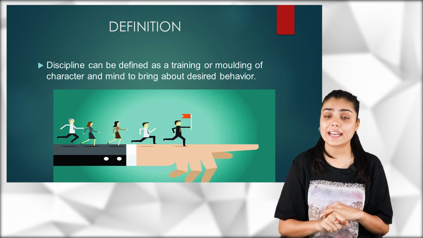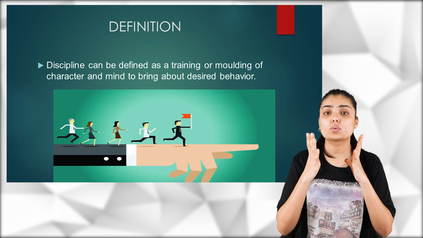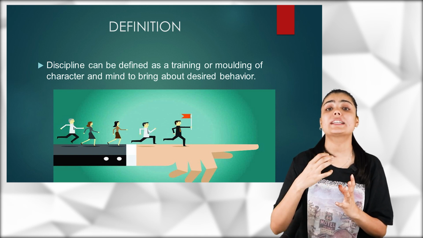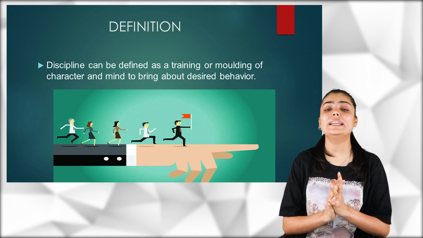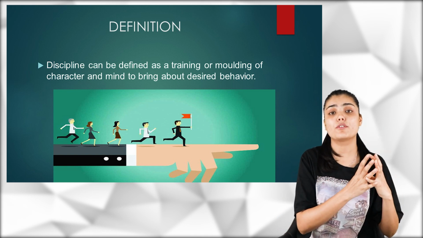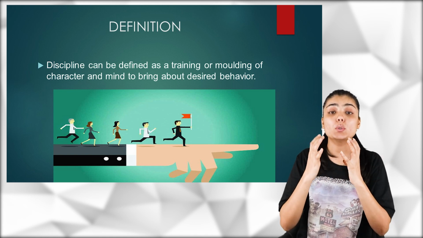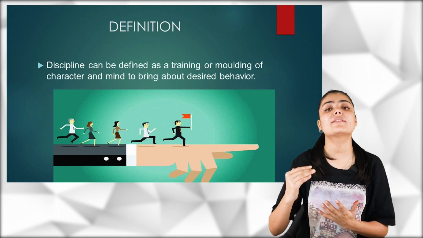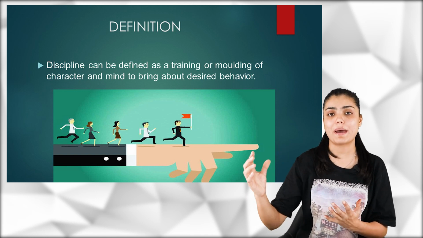We train their character and their mind so that we can bring about desired behavior, the expected behavior. So discipline is a certain form of molding that is done in the character of a person, or it is done to change the mindset of a person so that the person behaves in a certain expected manner.